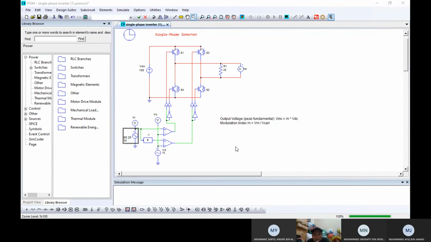Then it will generate the full cycle waveform, but what the question wants is only the positive half cycle. So we need to set the range for the positive half cycle only, between 0 to 0.01, or 0 to pi.